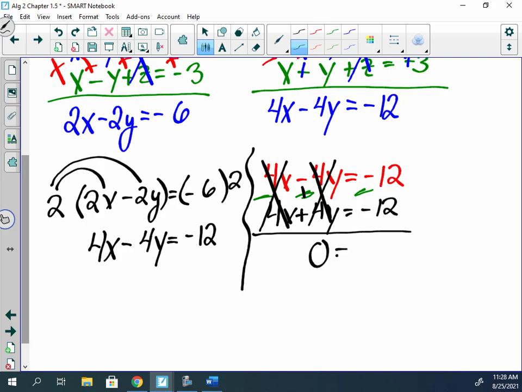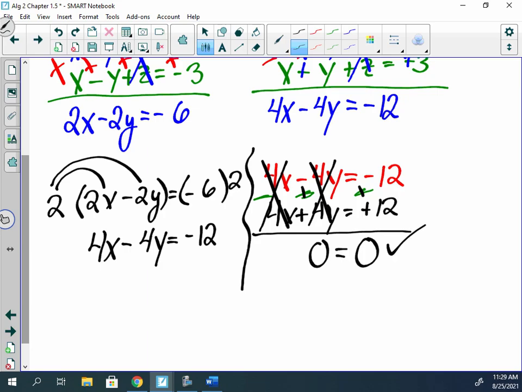Oh, well, that's not looking good. That's like what we had before, isn't it? Let's look at the last one. Negative 12 minus negative 12. Well, negative, negative make a positive. Negative 12 plus 12, or 12 minus 12 is 0. Is 0 equal to 0? Is that always true? Well, yeah, 0 will always equal 0.